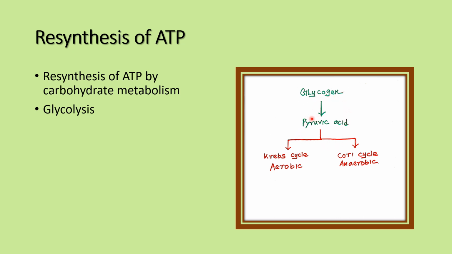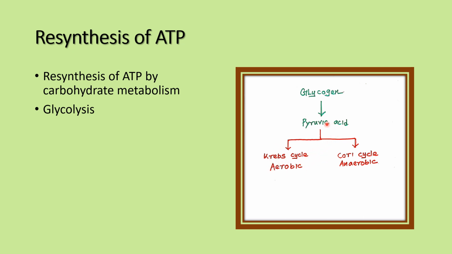Glycolysis is again divided into two types. In aerobic glycolysis, pyruvic acid is converted to acetyl coenzyme A. Acetyl coenzyme A then enters the Krebs cycle, which provides the energy.